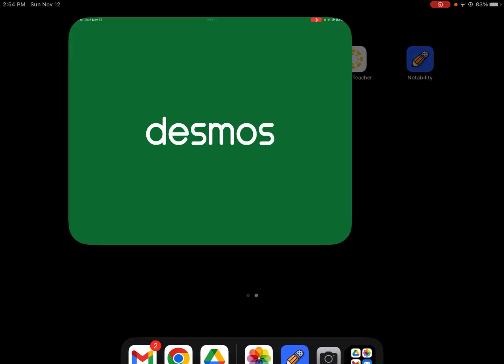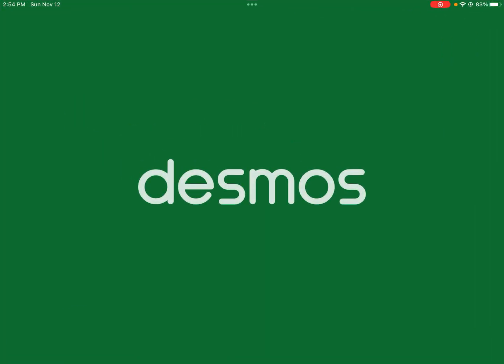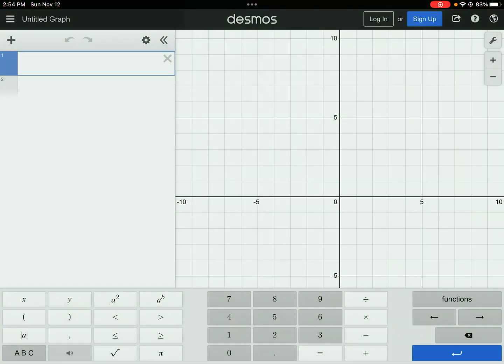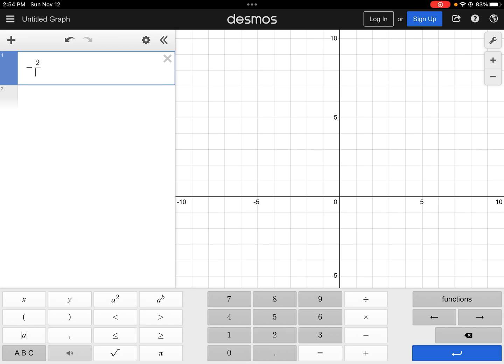We can go ahead and try and verify that here if we want to graph the function. So the function being negative 2 divided by x squared.